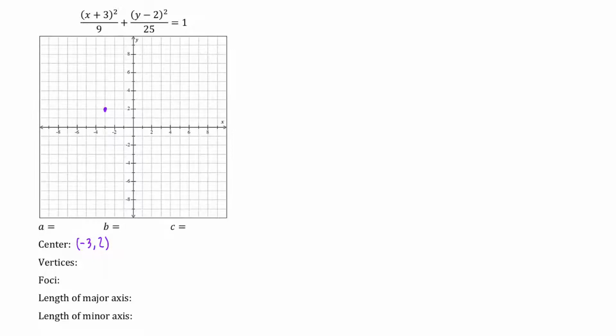Next, we're going to go ahead and pick this apart right here, remembering that the bigger number is underneath the major axis.